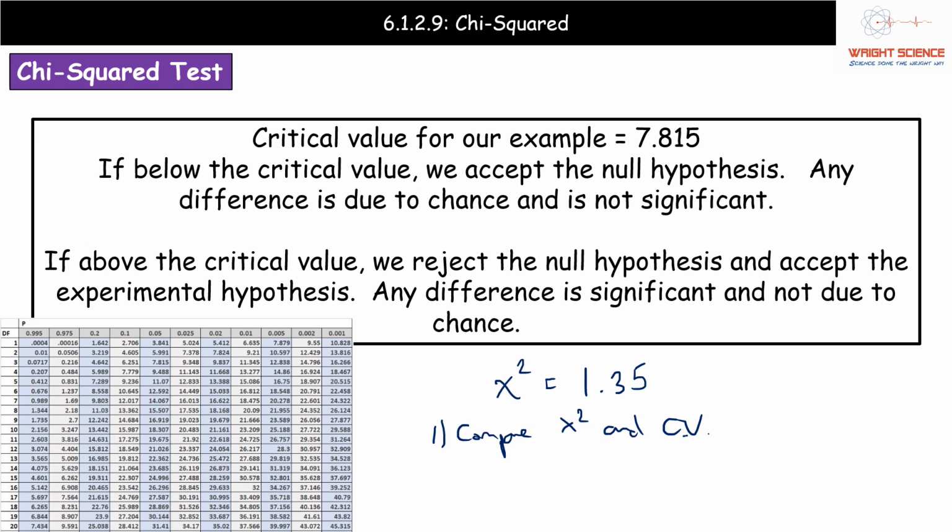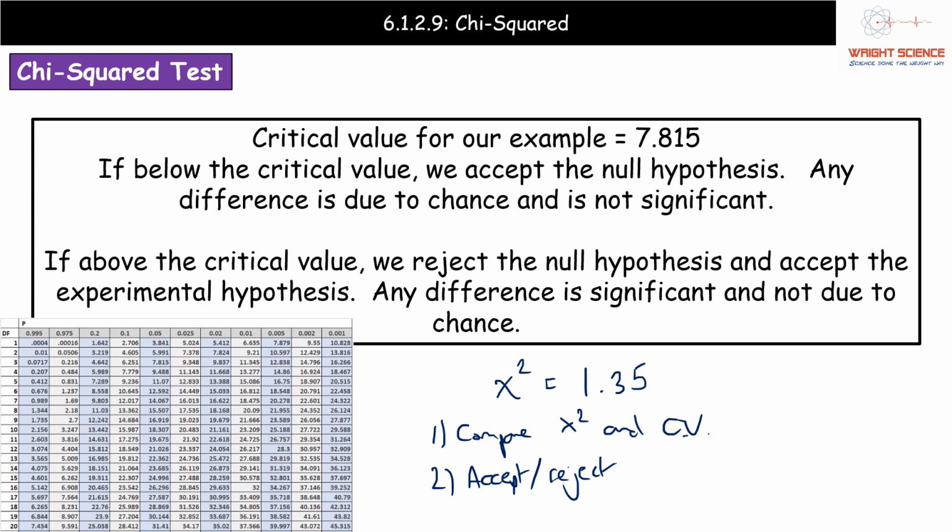The value of chi-squared was this, critical value is this, therefore our value is above, below. Okay, so make that first statement. Secondly, say whether you are going to accept or reject the null hypothesis. So the next part of your statement will always be, therefore we accept or we reject the null hypothesis, and then follow it up with what that actually means.